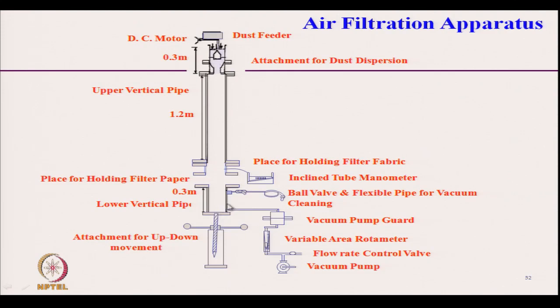This is the vacuum pump guard and vacuum pump, which is responsible for sucking the air through the filter fabric at a known rate. Okay. This is the variable area rotameter, which measures the flow rate of air.